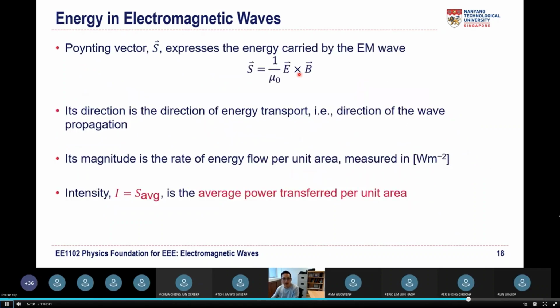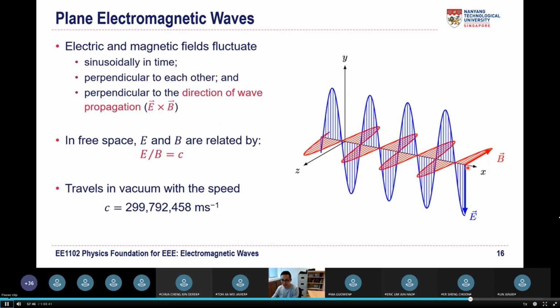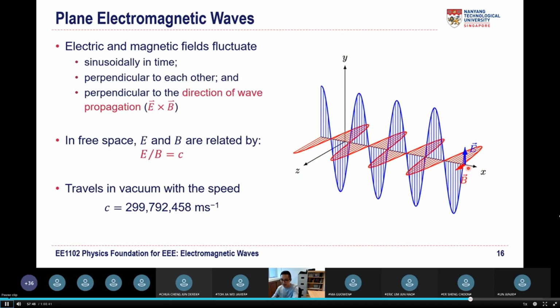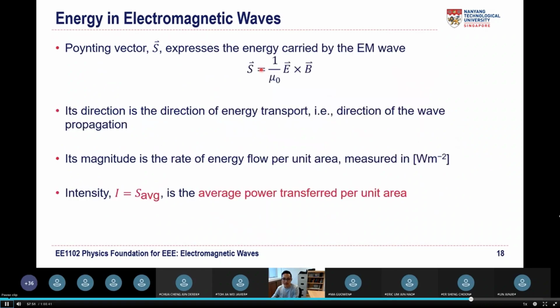That means the Poynting vector S is also going to be oscillating, just like how E and B are oscillating. And when E and B are 0, S is also going to be 0 at that point.